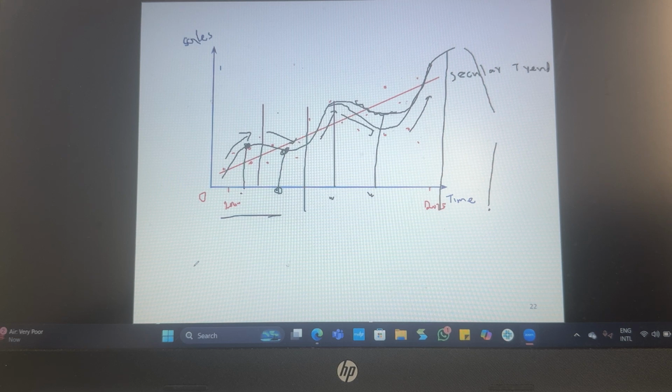The 4th component is irregular. Irregular means we cannot predict. Irregular means due to some unpredictable reason, for example, a typhoon situation, bad weather conditions, labor unrest, civil war, riot situations.